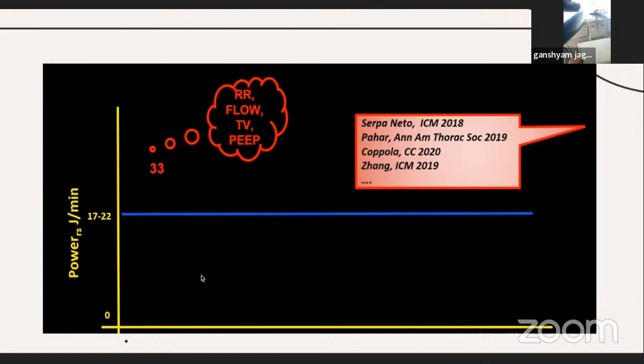Today, there are a lot of parameters which can be easily assessed and measured, and which can help us actually deliver safer ventilation to patients who are admitted to the intensive care unit. I don't have anything more to add. I think you have explained most of the concepts in a very, very simplified way.